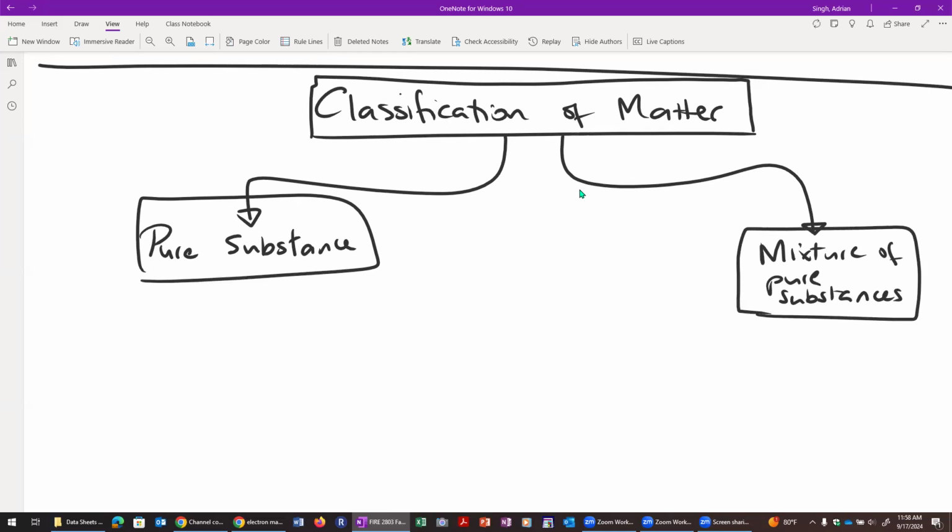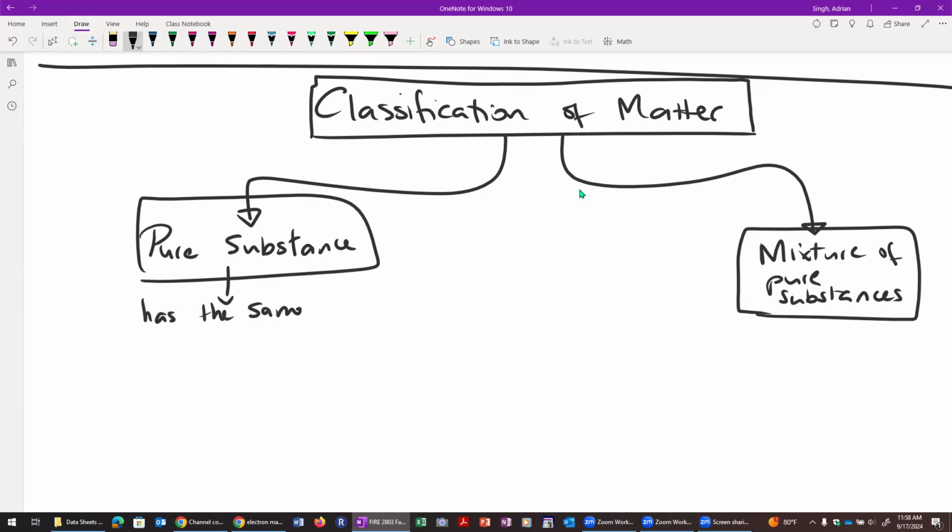Well, a pure substance itself is simply something that has the same composition or makeup throughout itself.